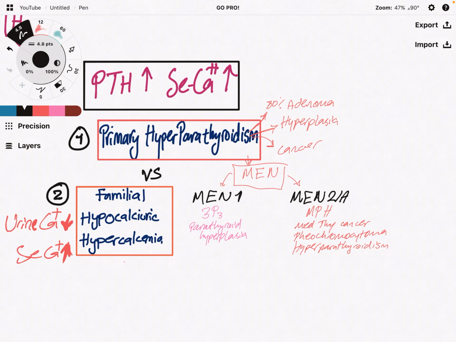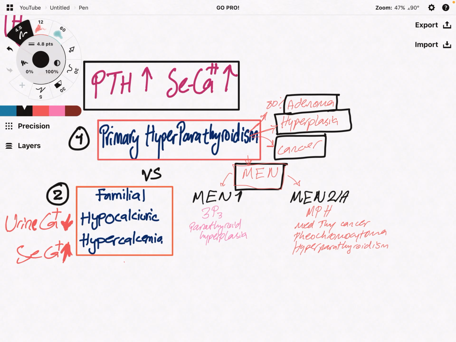It is not the receptor that is sensing how much calcium is there in the serum, but because we have something pathological in the parathyroid gland producing more parathyroid hormone regardless of the negative feedback, which are adenomas or hyperplasias or cancer. And we said that it can also be a part of the MEN syndrome, right?